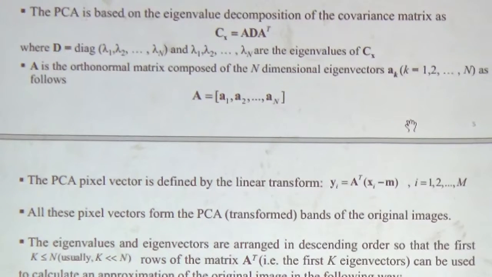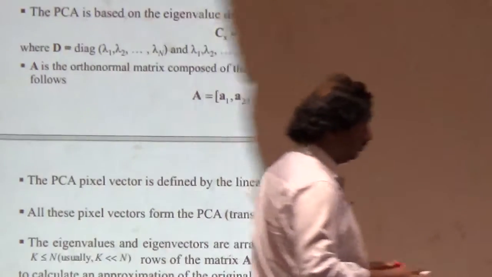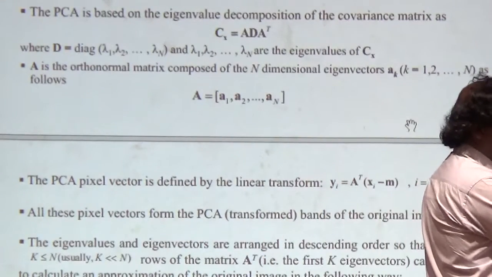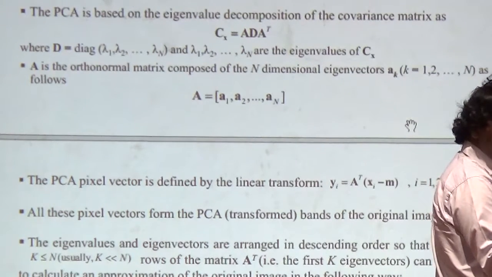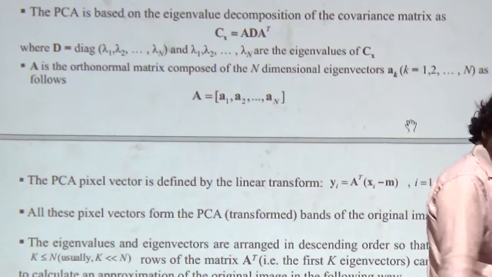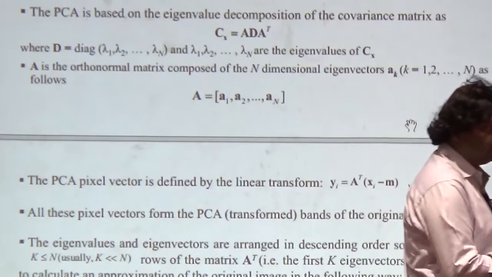So what should I do to yi, if A is an orthonormal matrix, to get back x? What is the property of an orthonormal matrix? It's equal to? So how can I get back x from y?